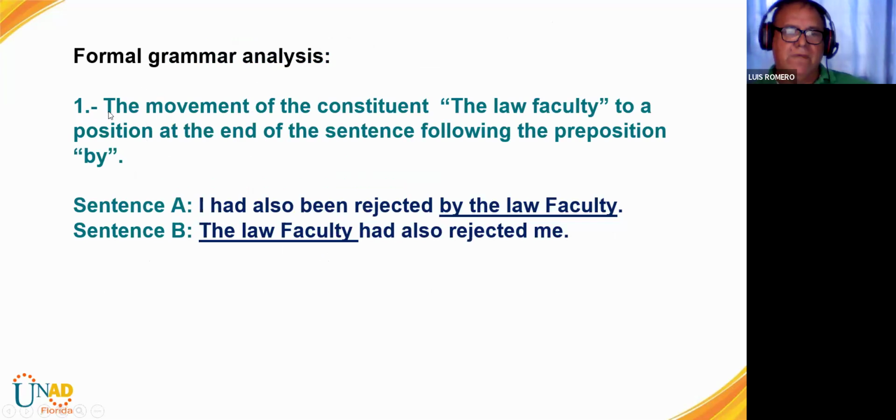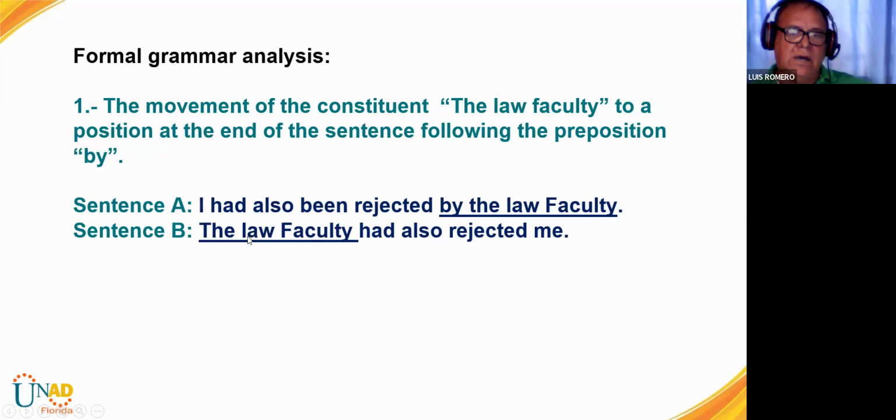One, the movement of the constituent, the law faculty, to a position at the end of the sentence following the preposition by. At the beginning, you had the law faculty had also rejected me, but now the law faculty, which is the subject of this sentence, becomes the agent of it, and it also has the preposition by.